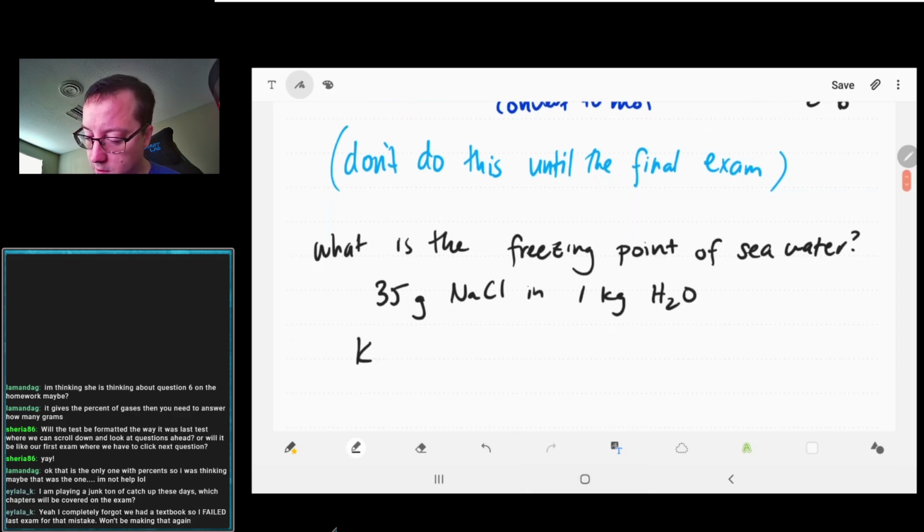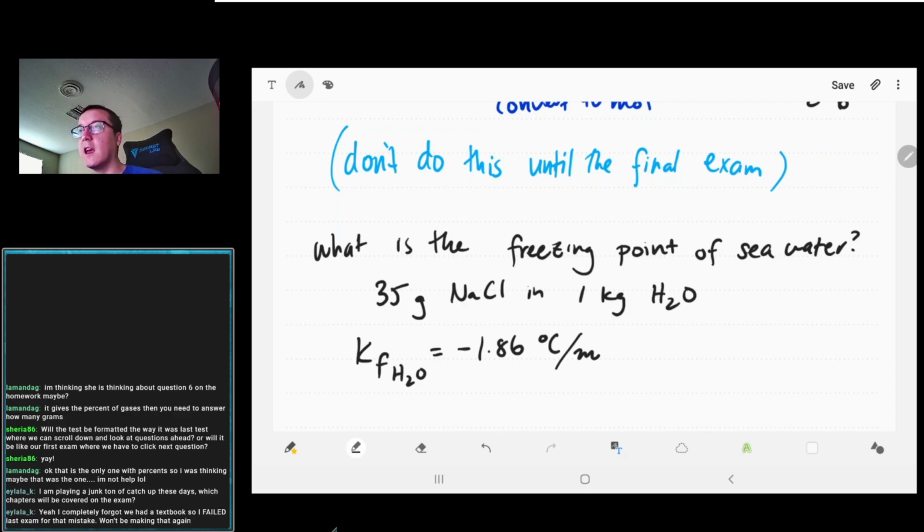For water, Kf is equal to negative 1.86 degrees Celsius per squiggly m. Is this all the information we'll need? Yeah, I think so.